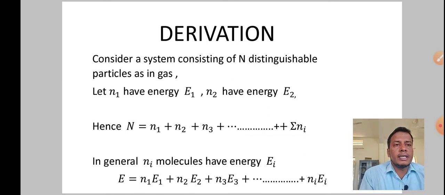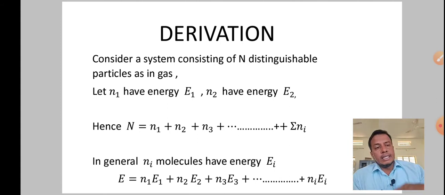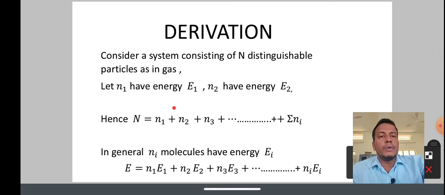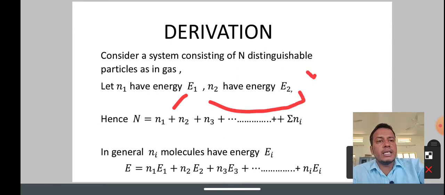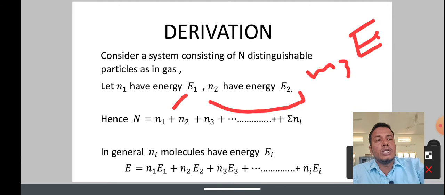Distinguishable means they are separate, like A, B, C, as in a gas. There are N1, N2, N3 particles, and each molecule in N1 has energy E1, N2 has energy E2, and N3 has energy E3, and so on.